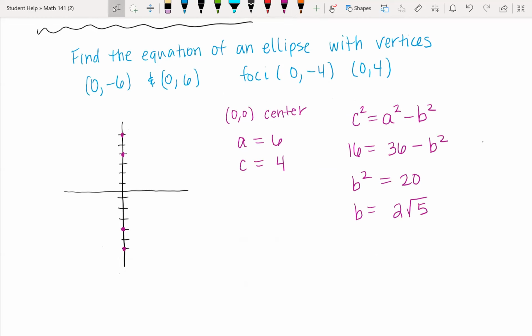So 2√5 is about 4.5. So we're going to go maybe about out this far for these directions. And so our ellipse looks something like this. Squint and pretend it looks good.